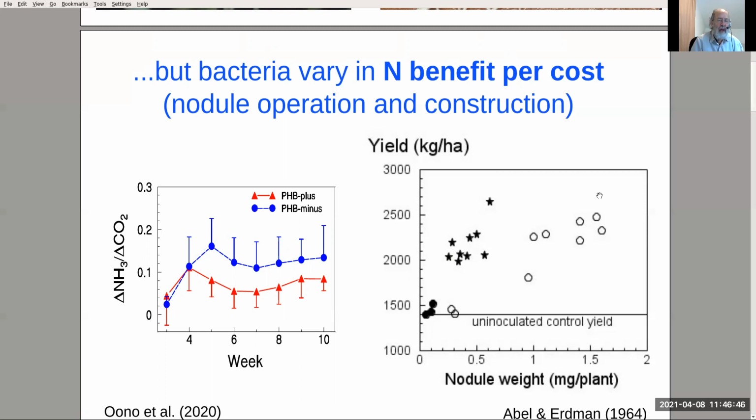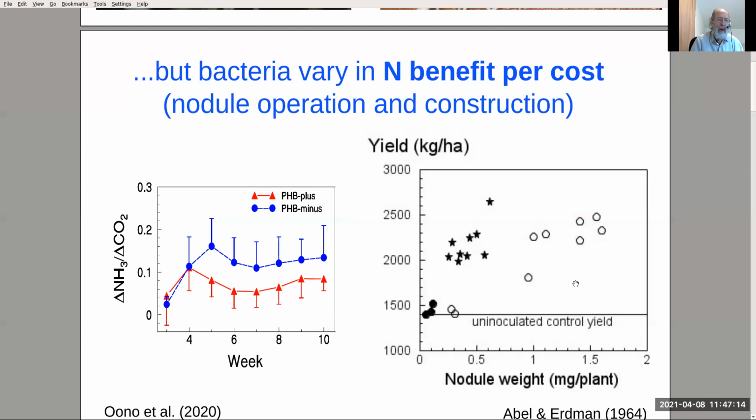And the soils are full of a bunch of different rhizobium strains. Now, farmers might apply this strain as an inoculum. It provides a large benefit at a relatively low nodule construction cost. And then there's some other strains that are not too bad. There's some down here that don't provide any benefit, but they also have negligible cost. They don't make very many nodules.